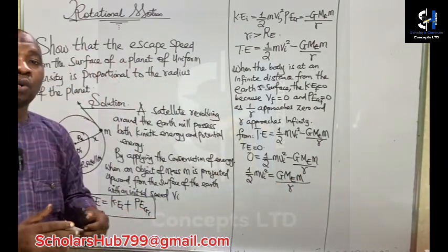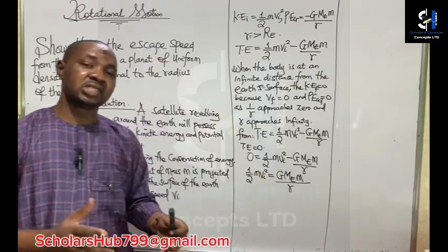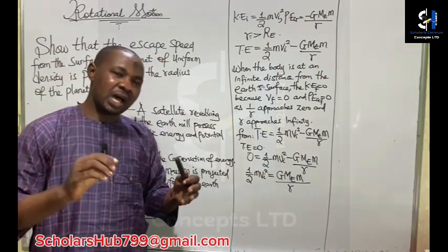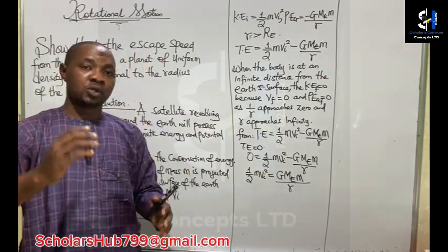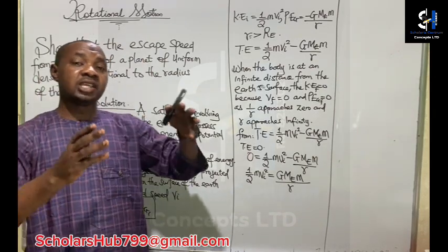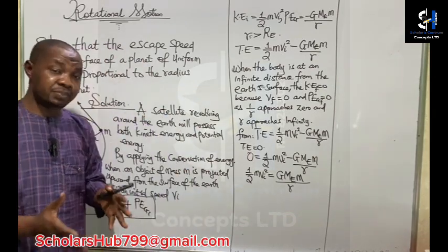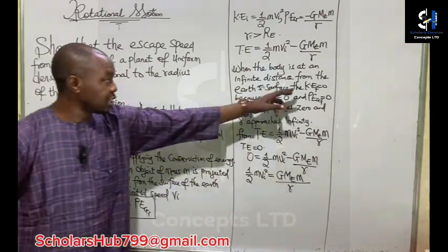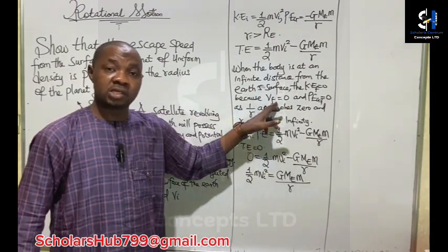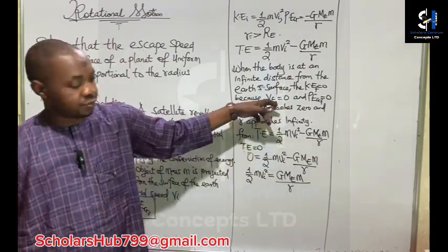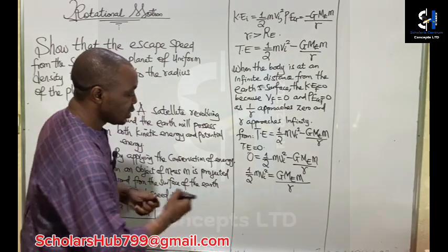Remember I said when the initial velocity is large enough to just allow the object to reach infinity at a speed equal to zero, which I already explained here, then we can write this.